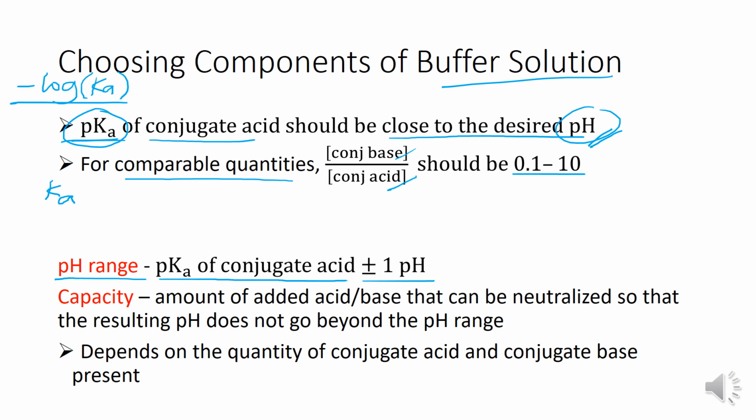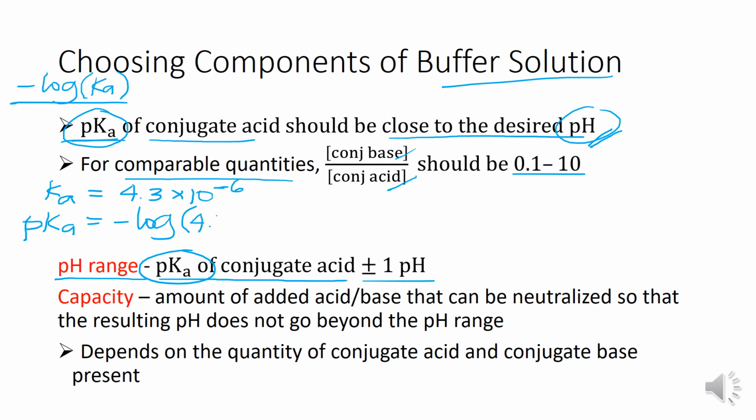So, for example, the conjugate acid has an acid ionization constant of, let's say, 4.3 times 10 to the negative 6. So that is the Ka. First, we have to get the pKa. pKa is equal to negative log to the base 10 of the Ka.